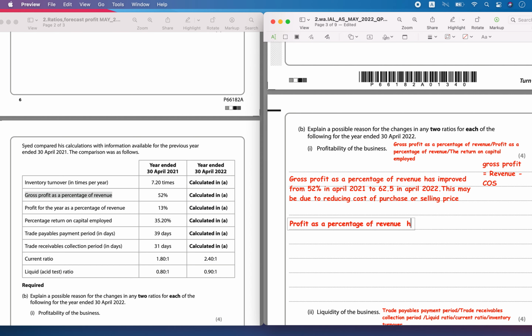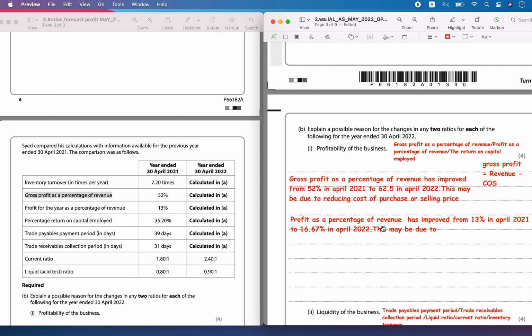So the profit as a percentage of revenue has improved from 13 percent in April 2021 to 16.67 percent in April 2022. This may be due to what could have been controlled?